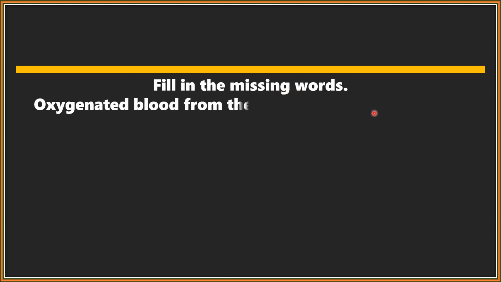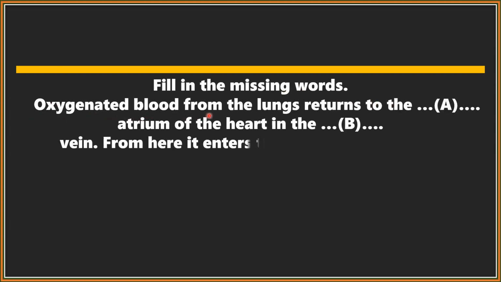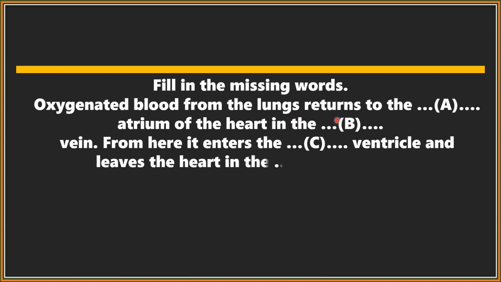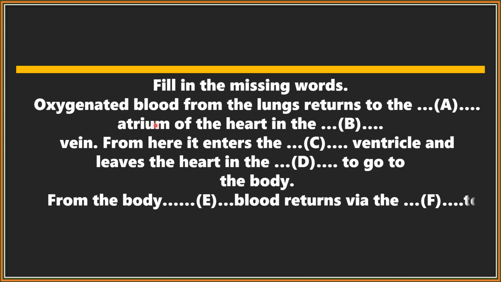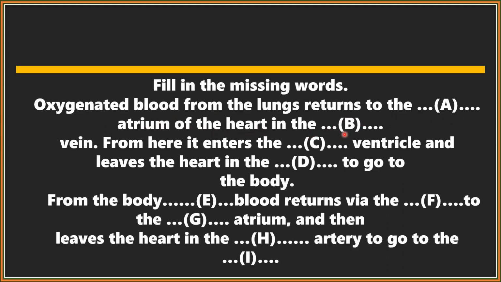Fill in the missing words. Oxygenated blood from the lungs returns to the dash atrium of the heart in the dash vein. From here, it enters the dash ventricle and leaves the heart in the dash to go to the body.